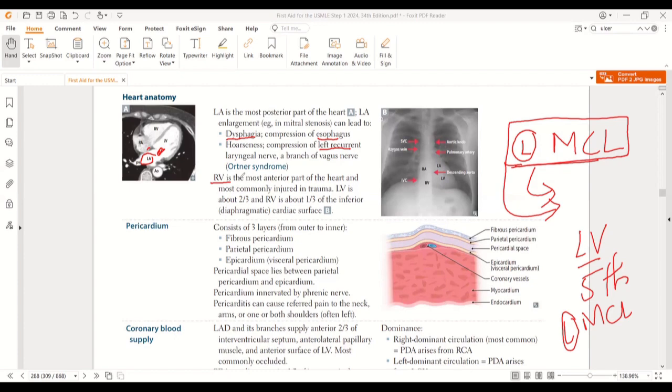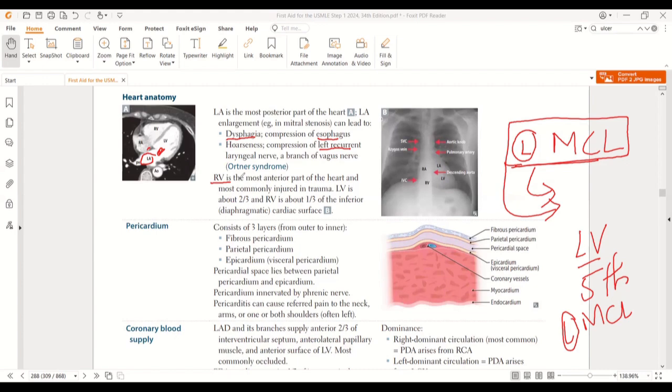What is the origin of atrial fibrillation, the most common region? It's the pulmonary vein. So anything that enlarges the left atrium will cause atrial fibrillation or increase the risk of it.